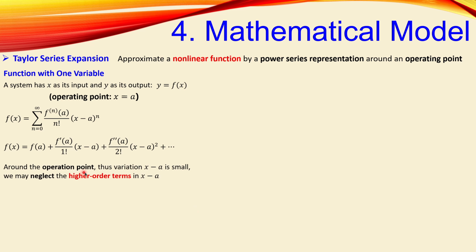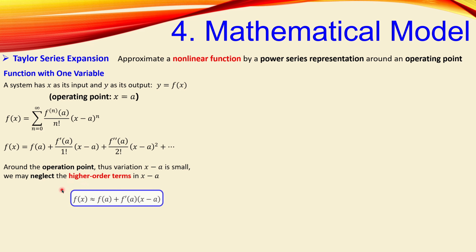Now around the operating point, let's say x minus a is small, we might neglect all the higher terms. So if this term is small, the square of that is even smaller. If I have x minus a cubed, that is even smaller than the first term here. So we can neglect all the higher terms.